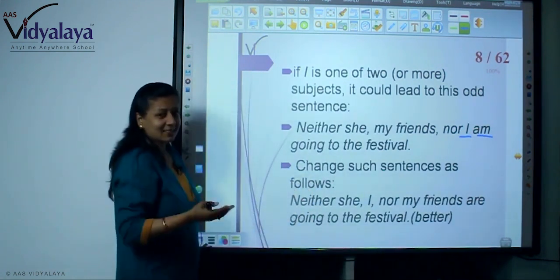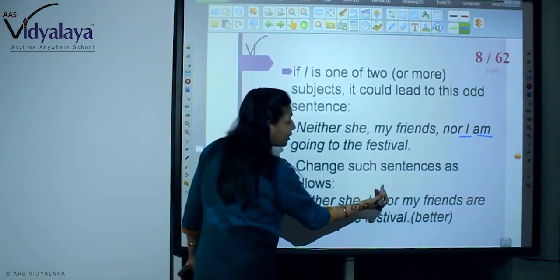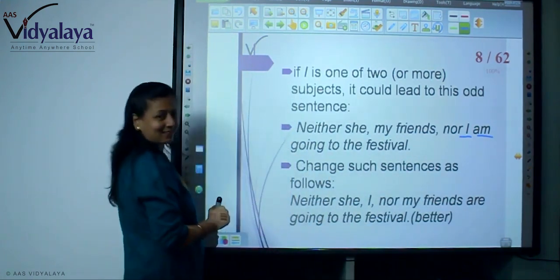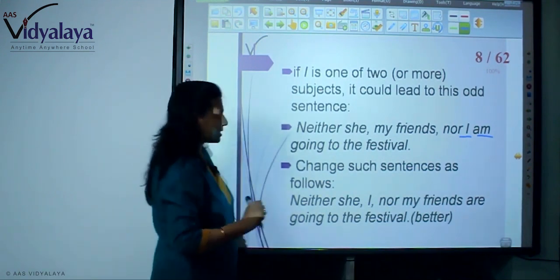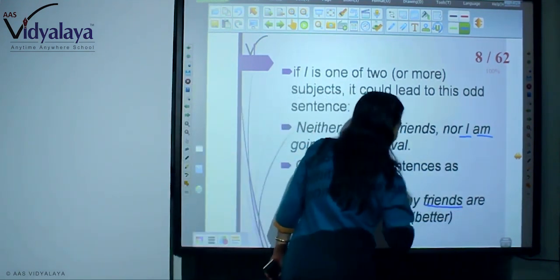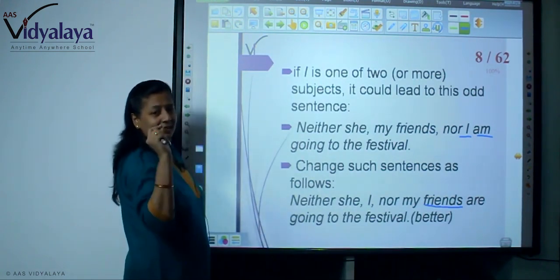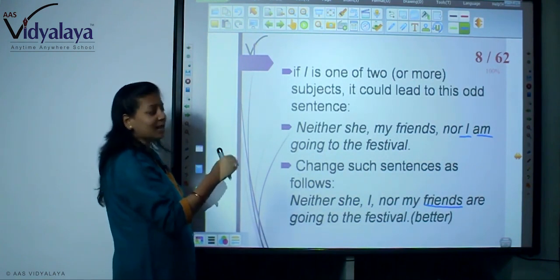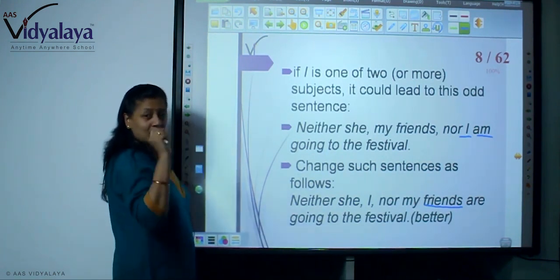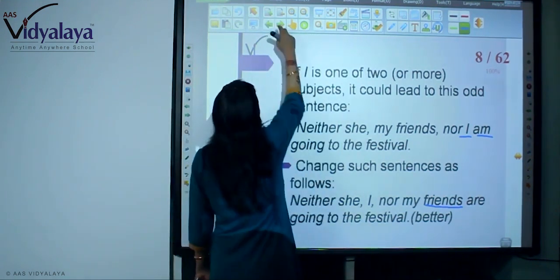But if you change the sentence like that, neither she, I, nor my friends, then are going to the festival, because here friends are there, right? So instead of putting I at the last, closer to the verb, you can put I in the middle and other subjects closer to the verb. This is a better option.